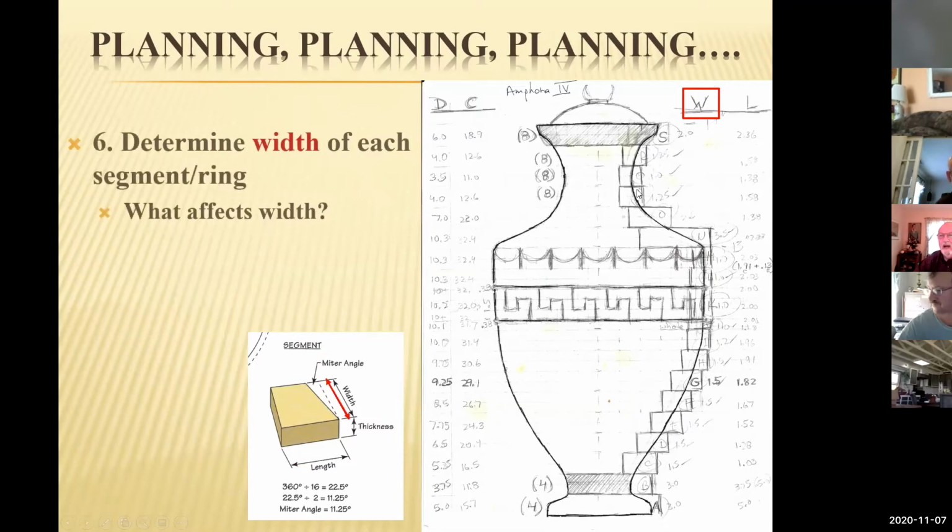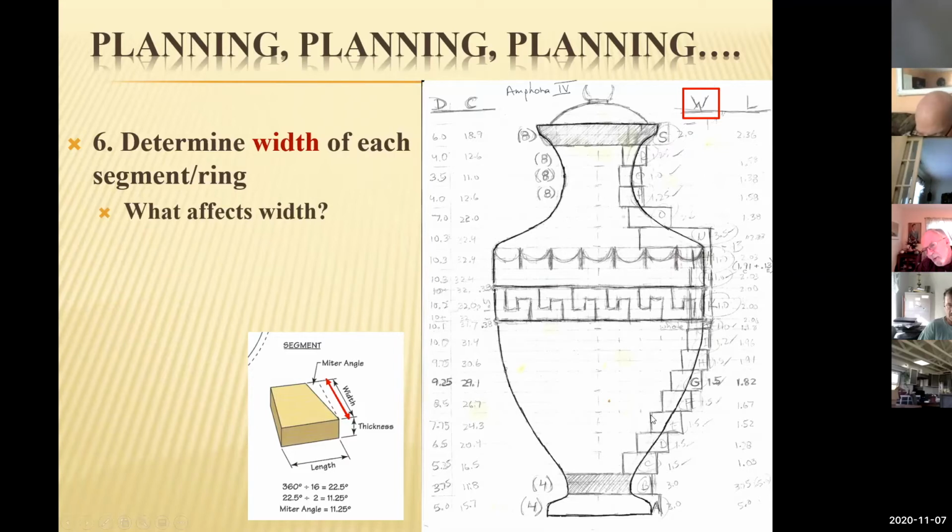Okay, and then finally we need to know the width, if you will, of each segment. And that's going to depend on where it falls in the overall design. So like here, these rings are on the vertical part of the vase, and as a vertical, the width does not need to be very large. So 1 inch is the width.